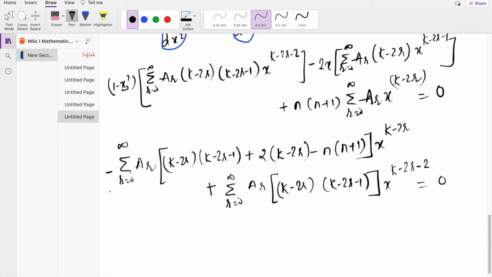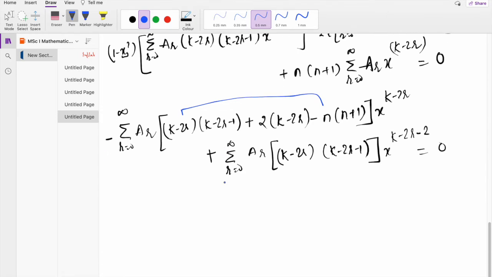Now just simplify this factor. Which one? This term. Simplify this term. If I simplify this, just remove the negative sign here. So if I multiply minus 1 on the left hand side, it will give me this term positive. So this will give me summation r tends to 0 to infinity ar.